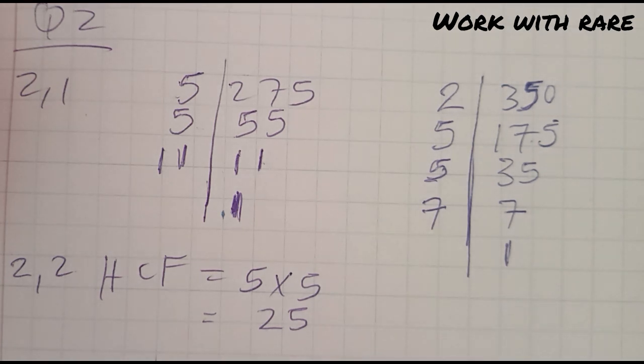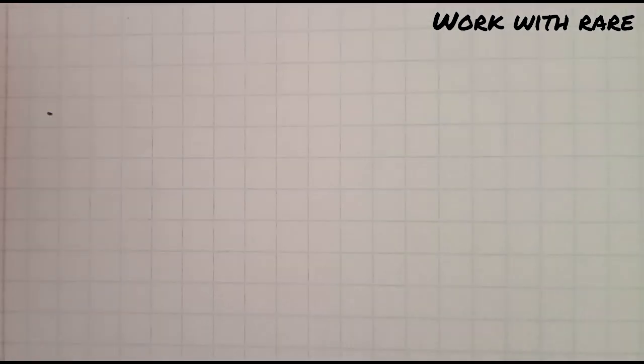Okay, so let's do question 3. So this was 7 marks. This one is 3 marks. To write the highest common factor is 3 marks, so you should collect these marks. Question 3 says, calculate the following, showing working out where necessary.